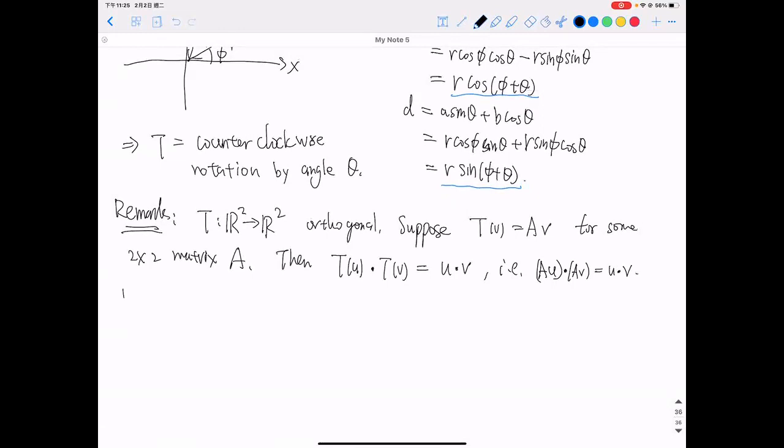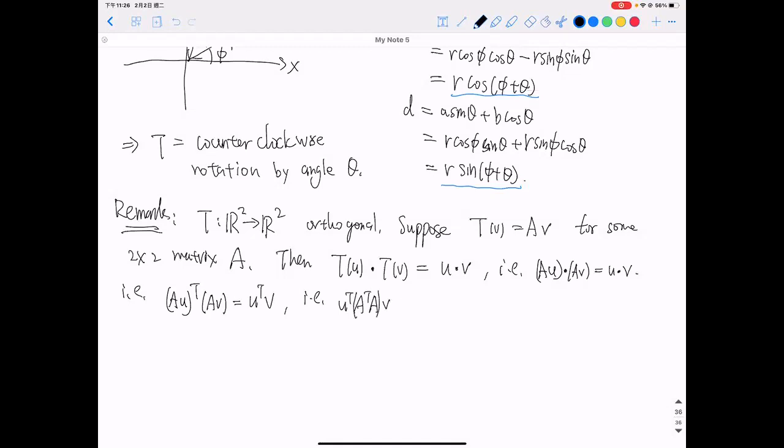Now, as you remember, you can use matrix multiplication to write the dot product. So we write transpose of AU times AV equals transpose of U times V. Transposition has the property that the transpose of AU is U transpose times A transpose.